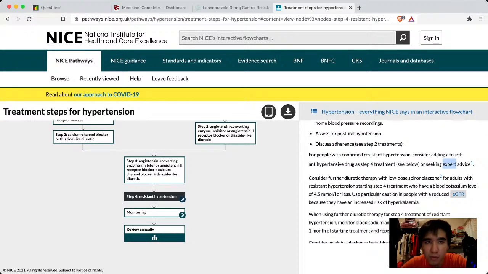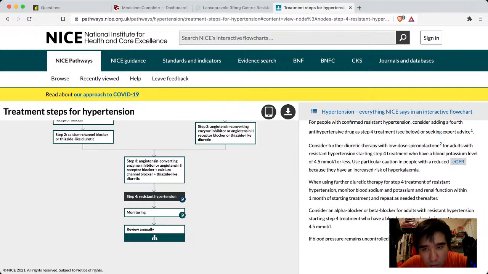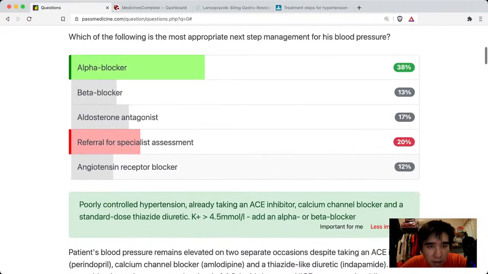Okay, so I chose to seek expert advice. Let's see what step 4 treatment is. Consider further diuretic therapy with low-dose spironolactone for adults with resistant hypertension. Spironolactone is an aldosterone antagonist, if I'm not mistaken.